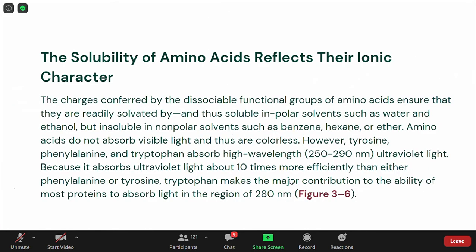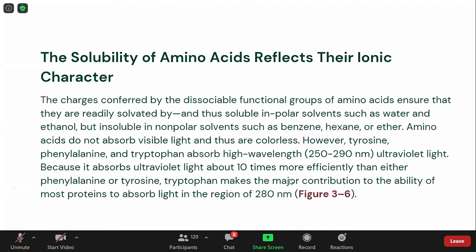The polar solvents, such as water and ethanol, are what we call hydrophilic. Hydro, water, philia, love. So you are a water lover. When we say hydrophobic, phobia, it does not want the water.